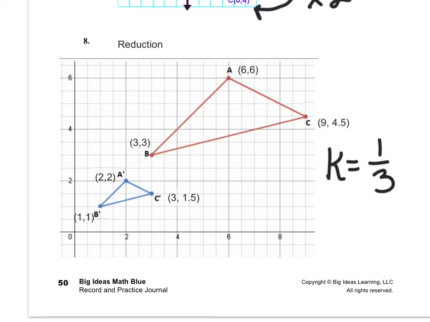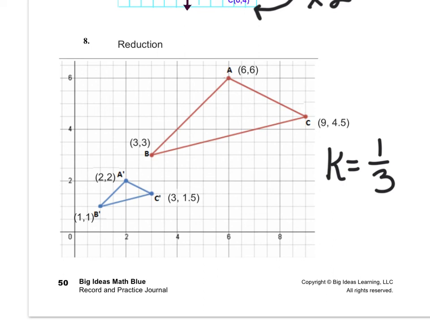All right, let's see if this holds true. This scale factor rule holds true for the rest of the ordered pairs. So let's compare B to B prime. B is at 3, 3. B prime is at 1, 1. So if I took the x-coordinate and divided it by 3 or multiplied it by 1/3, yes, 3 would go to 1. Same would happen for the y factor. All right, let's compare C to C prime.